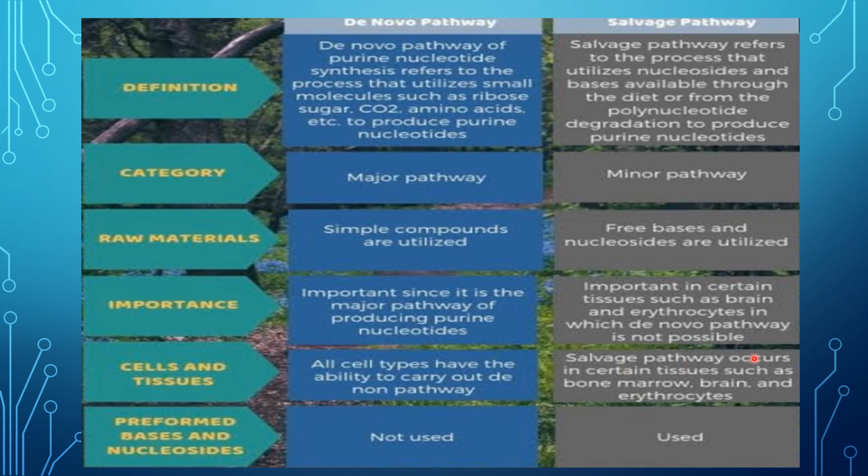Salvage pathway occurs in certain tissues like bone marrow, brain and erythrocytes. The de novo pathway does not use the preformed bases and nucleosides, while the salvage pathway uses the preformed bases and nucleosides to prepare the nucleotides.